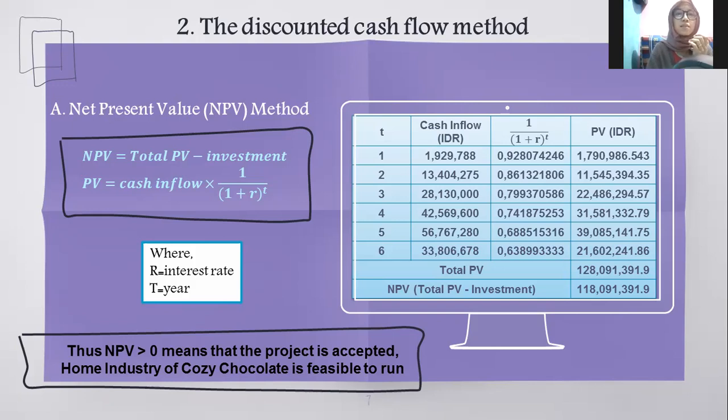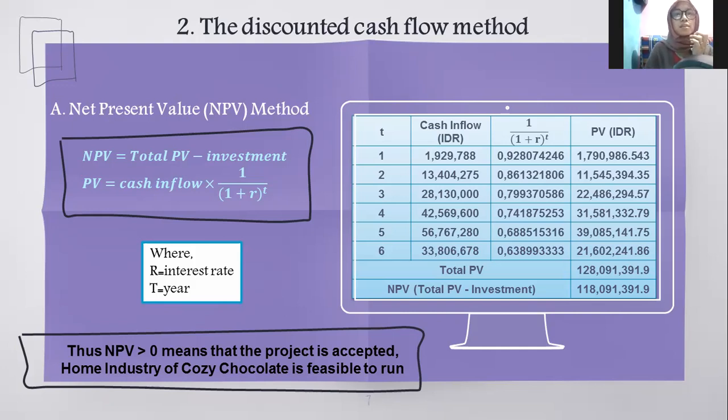So we get total PV is 128 million 391,9. And we get NPV from total PV minus investment.